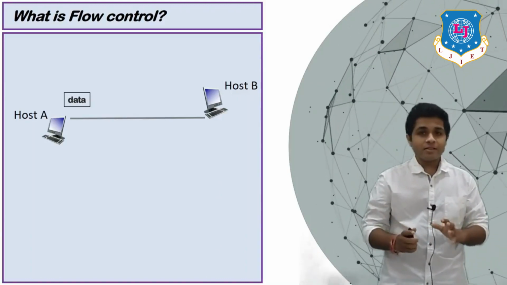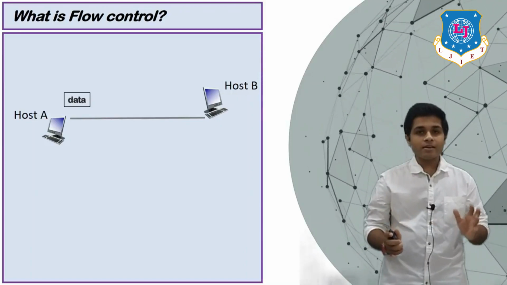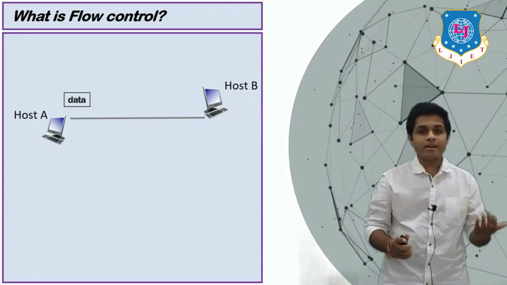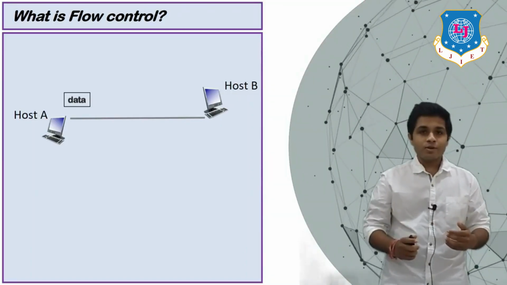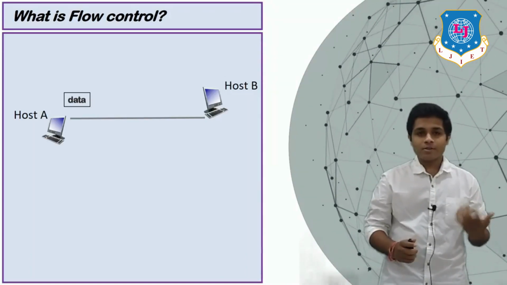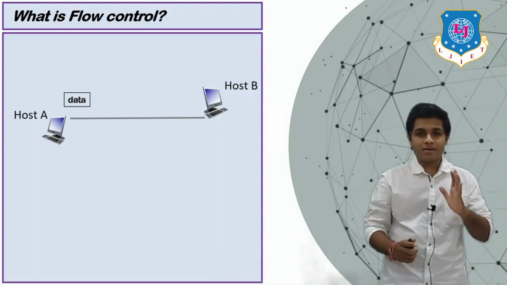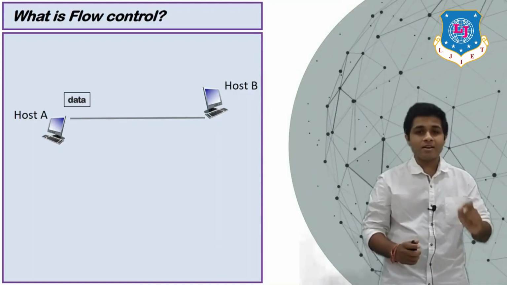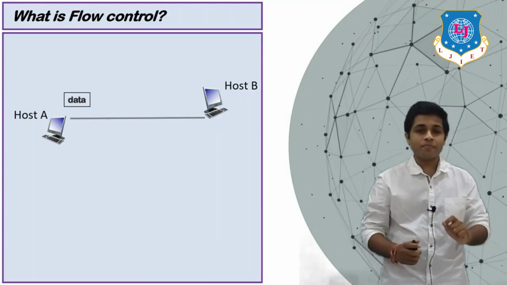In the internet there are lots of devices connected and they have different sending and receiving rates. So if a server is sending data at a high rate, there will be a miscommunication and it will create a problem in the network.